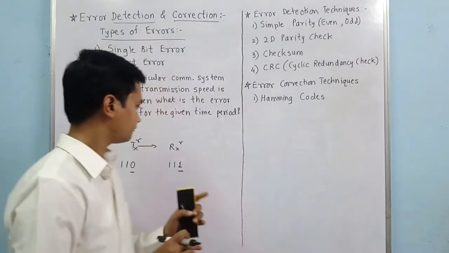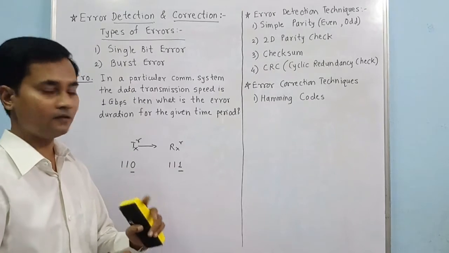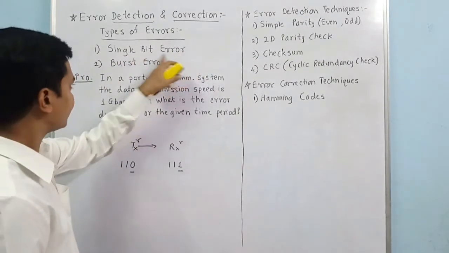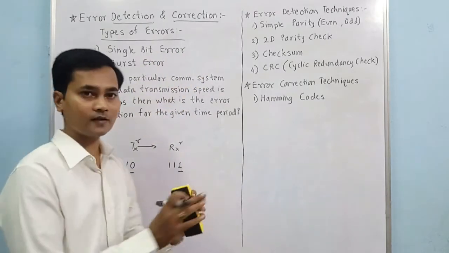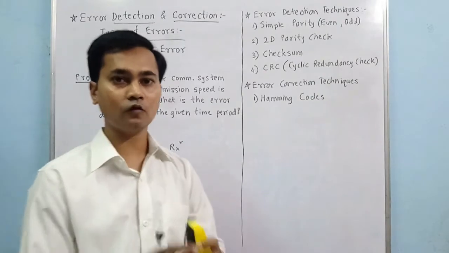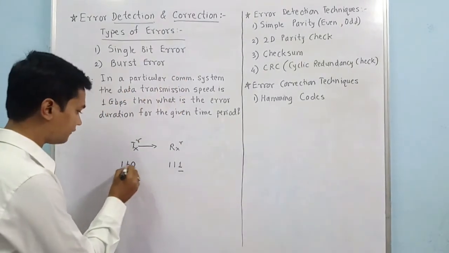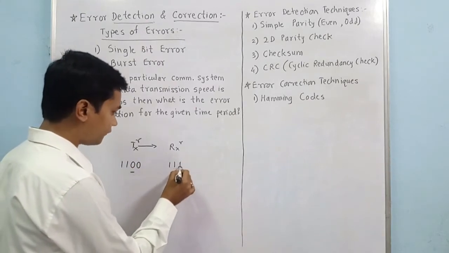Here there are two kinds of errors available. The first one is single bit error. Single bit error, as the name itself tells you, means that whatever data you are sending has only one bit changed. For example, suppose you are sending 1100 and the receiver is receiving 1110.